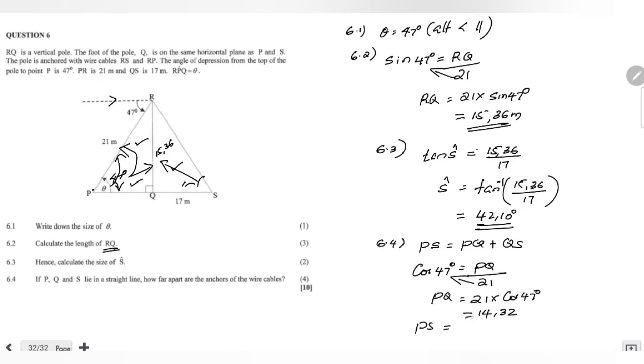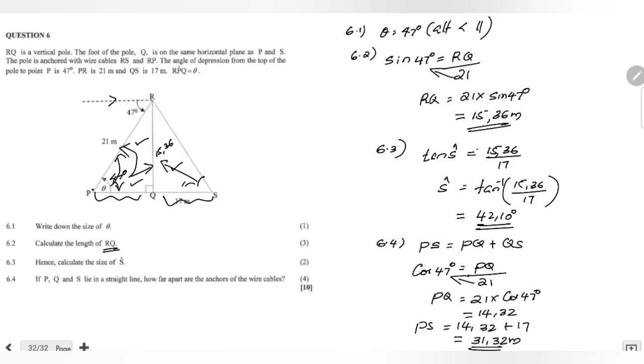What is PS? PQ, which is 14.32, plus QS, which is 17, will give you 14.32 plus 17, which is the answer 31.32. 31.32 meters. That is the distance between the two anchors.